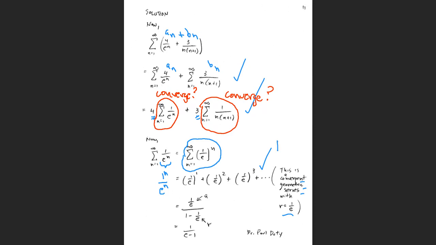So the common ratio of 1 over e, let me see here, I might need a little more space.